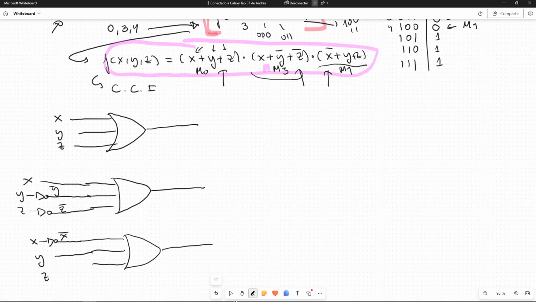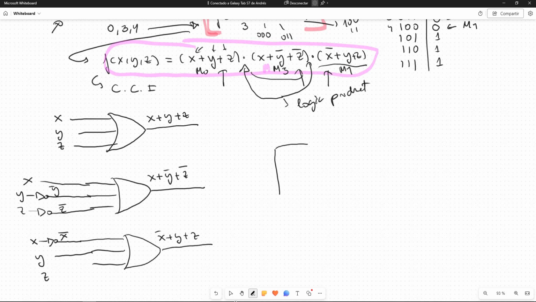Here we have the sum of the 3 inputs, the sum of the 3 inputs, and the sum of the 3 inputs again. And these 3 sums are multiplied because we have here a logic product. So the logic product is made with the AND.